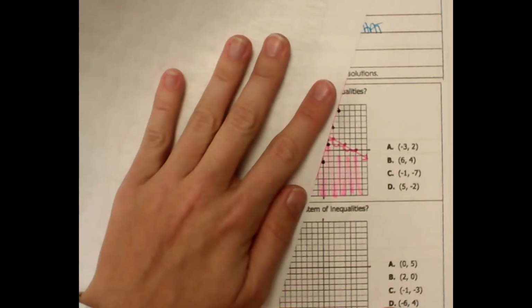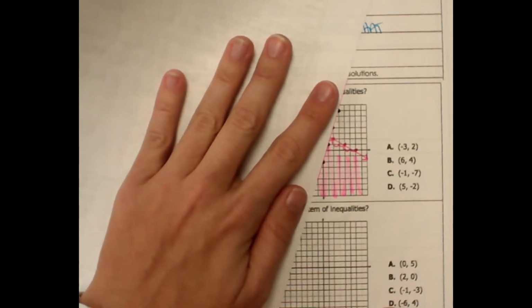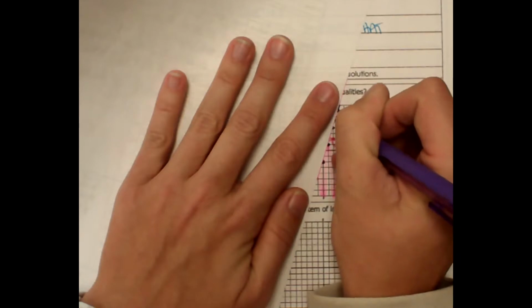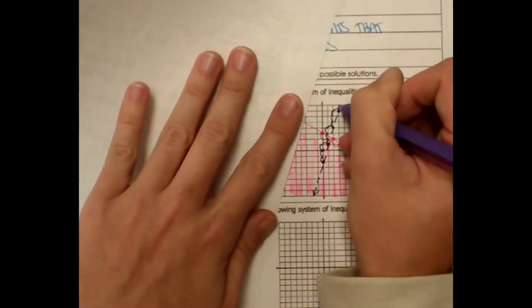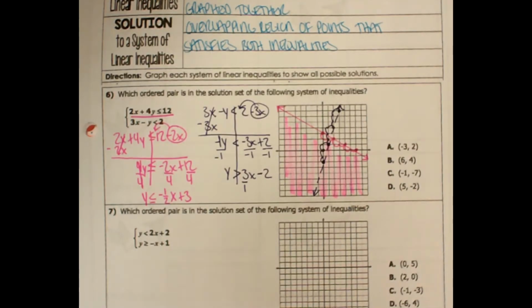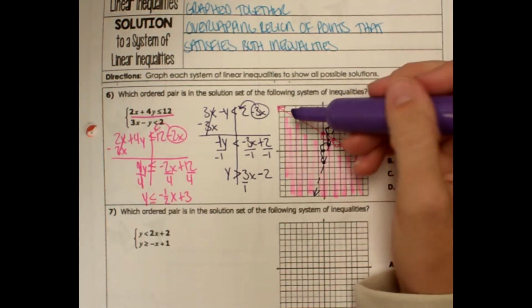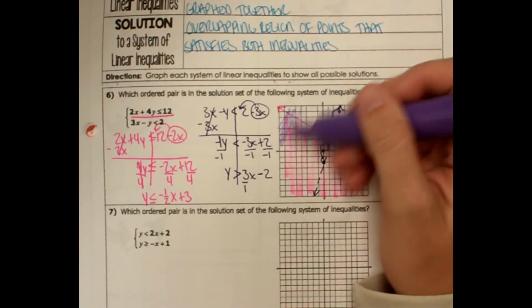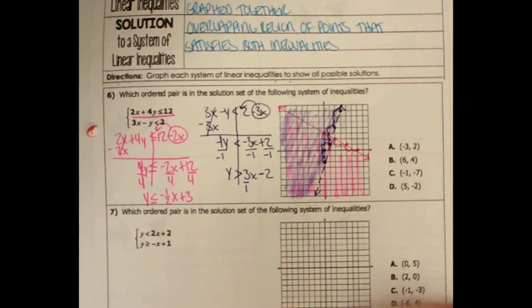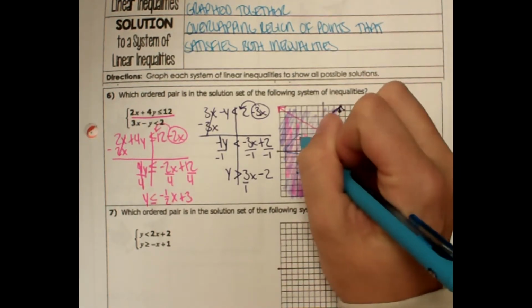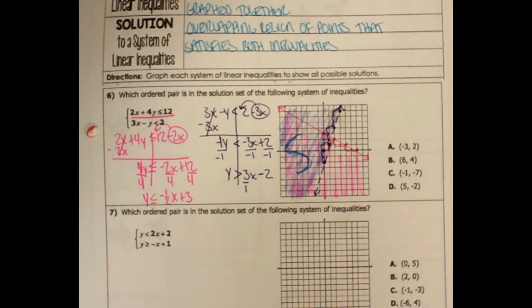So I'm going to connect my points using a dotted line. Put arrows on the end. And then shade. It says y is greater than, so I'm going to shade above. And you can see where the pink and purple are matching up. Whatever falls right here, you can kind of see it. This is my solution. I put an S because it is your solutions.